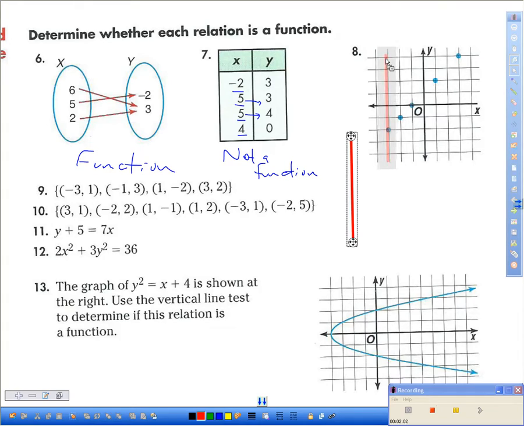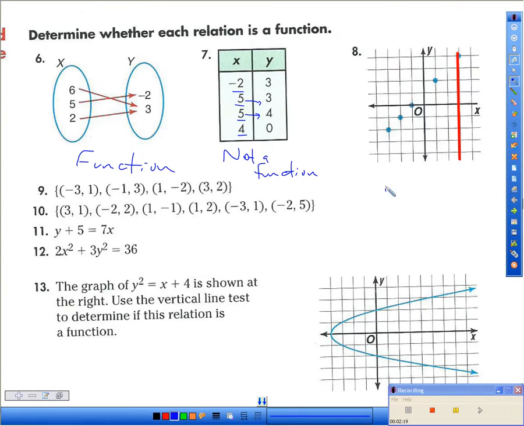Well, on number 8, while we're here, it's only touching that bottom point. As we move it across, now it's touching another point, but at any given time, it's only touching one dot, or one ordered pair, at a time. So that means that number 8 is a function.